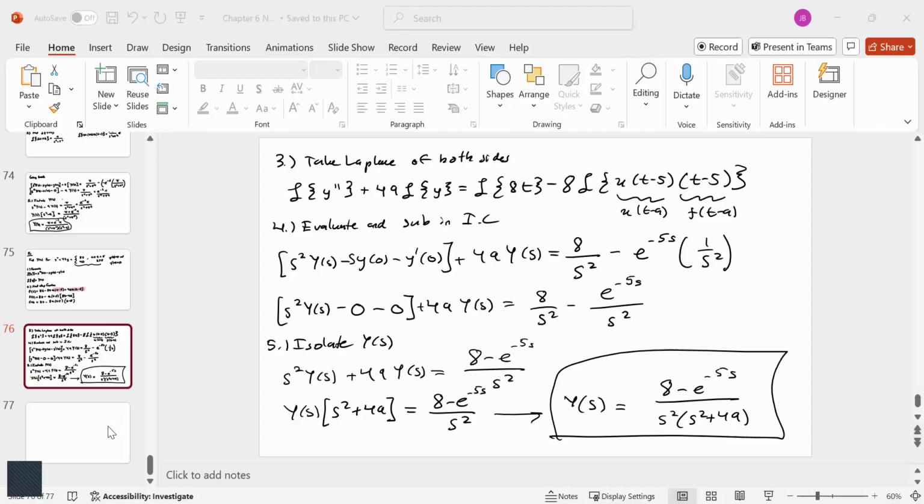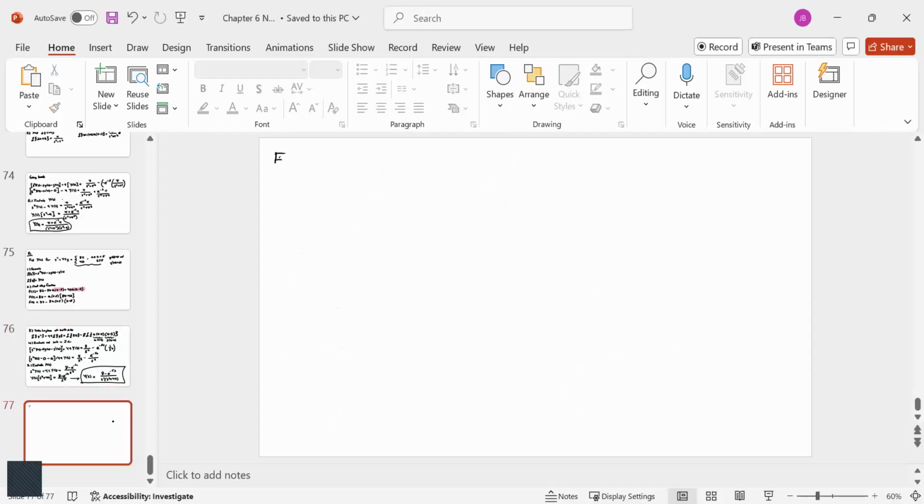So let's do our example where we actually solve an IVP. Solve the initial value problem, y double prime minus 5y prime minus 24y equal to 1, 0, 0, t less than 1, and then 1 is greater than or equal to t.